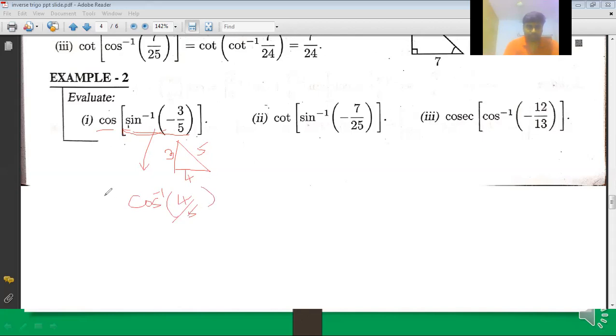So cos inverse cos cancel there. 4 by 5 now. Right. So see the result here.